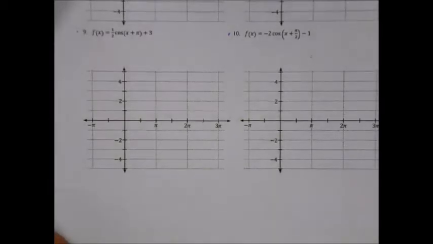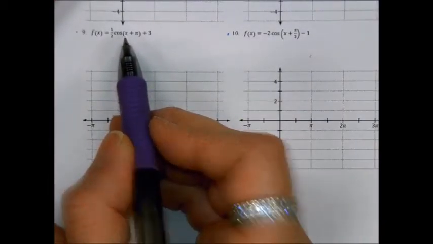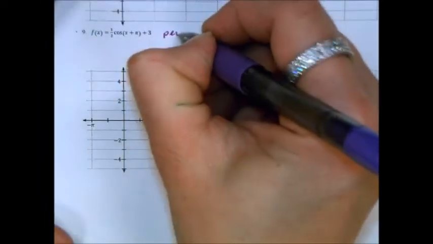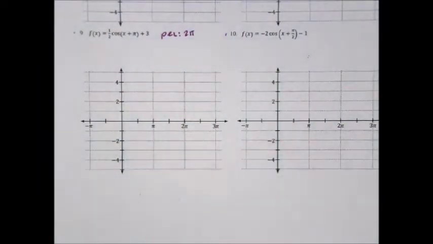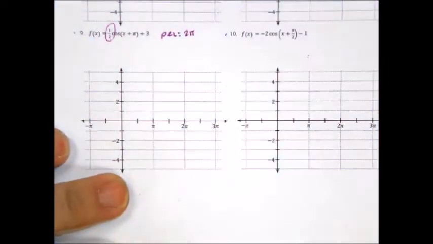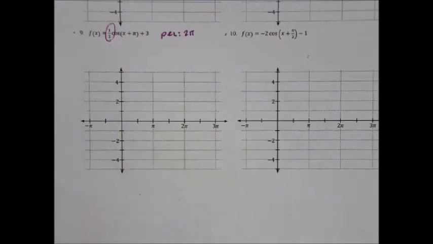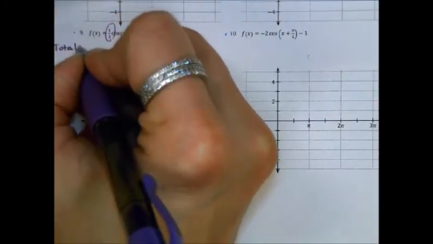So the period is still going to be 2 pi. So that hasn't changed in any of these problems here. We have an a value of 1/2. So that's going to give me my amplitude is 1/2. So the total height of the curve is 1 unit. Total height, 1. Pretty short.